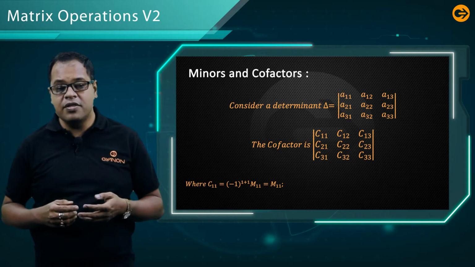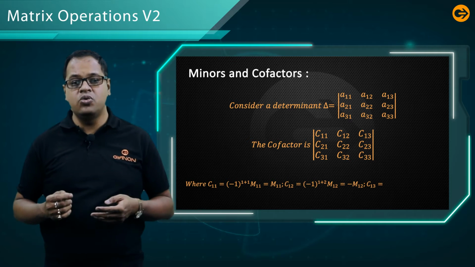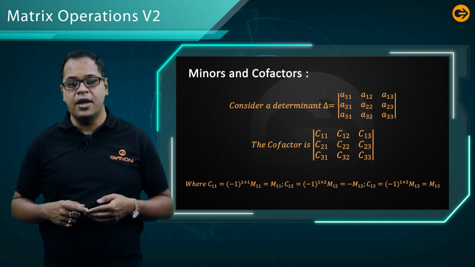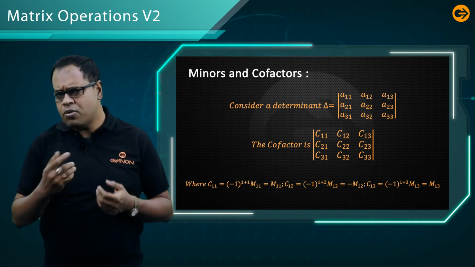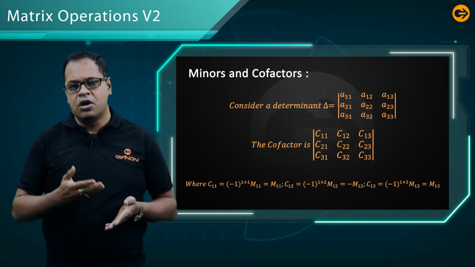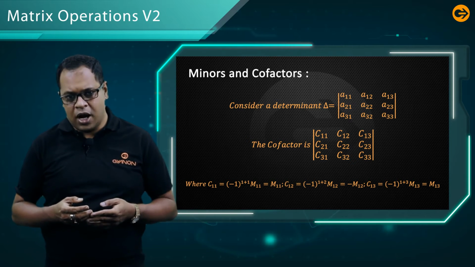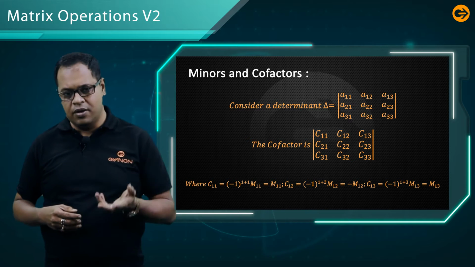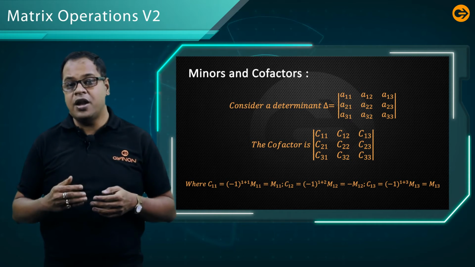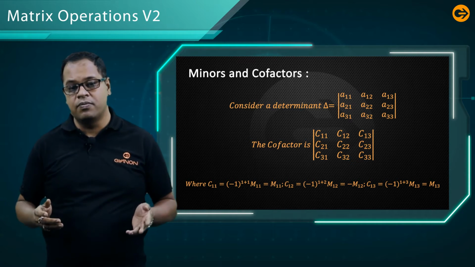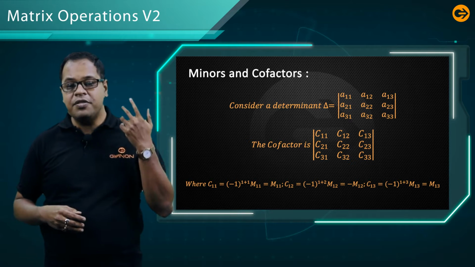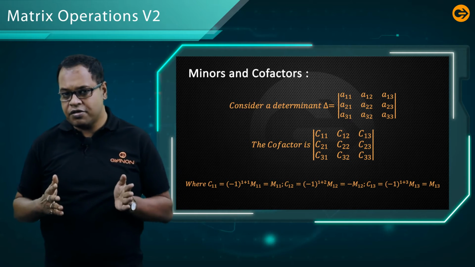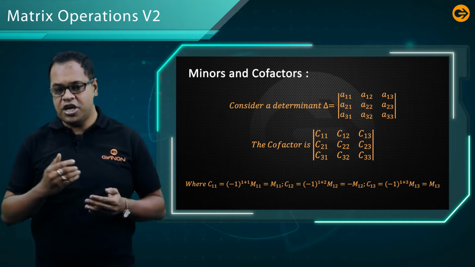Where C11 is equal to minus 1 to the power 1 plus 1 capital M11. Why 1 plus 1? Because row is equal to 1 and column is equal to 1. That's why it will be minus 1 to the power 1 plus 1. What will be the capital C12? Guess? Okay, check your answer.